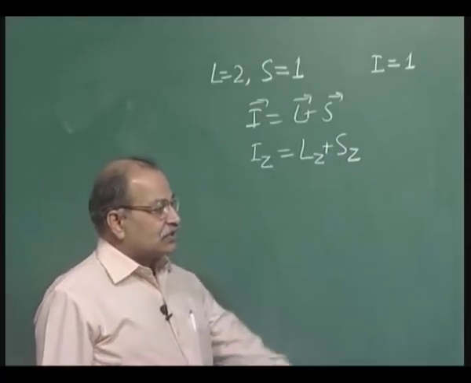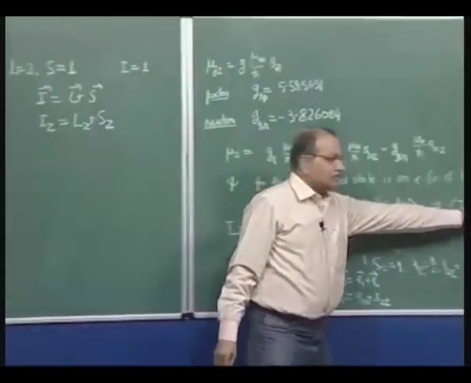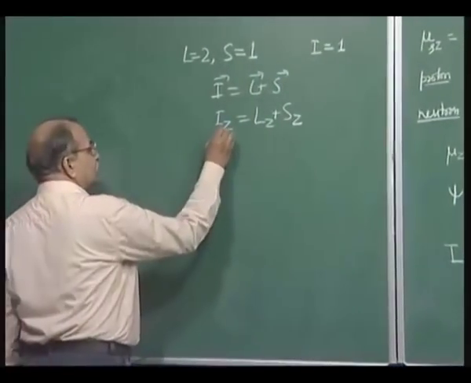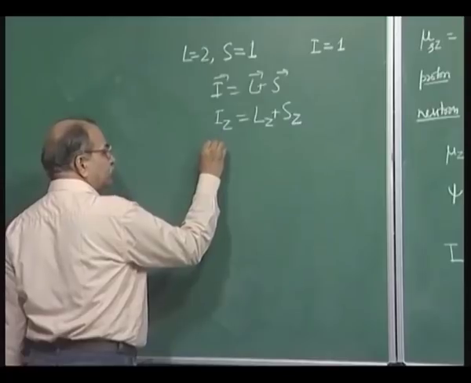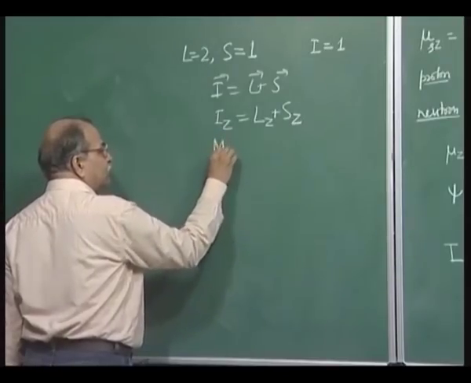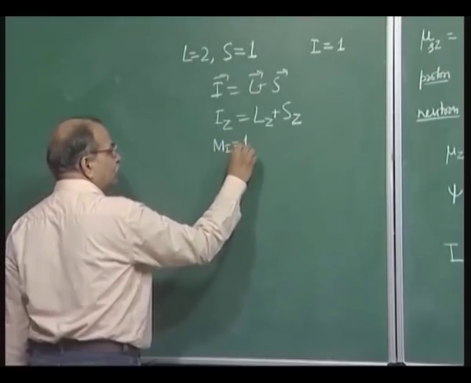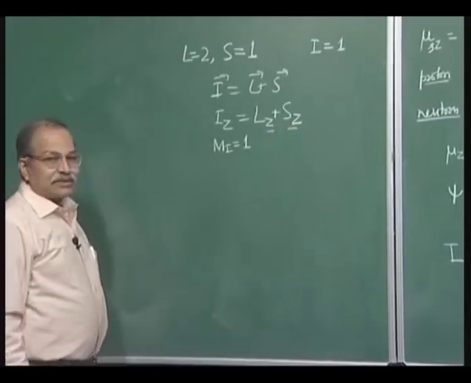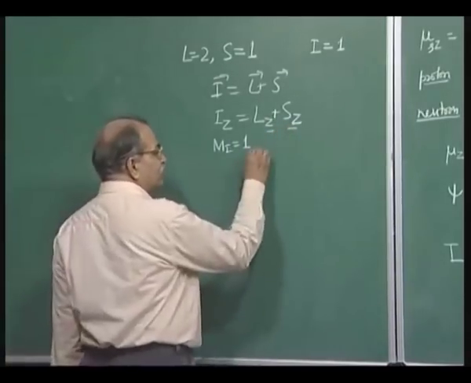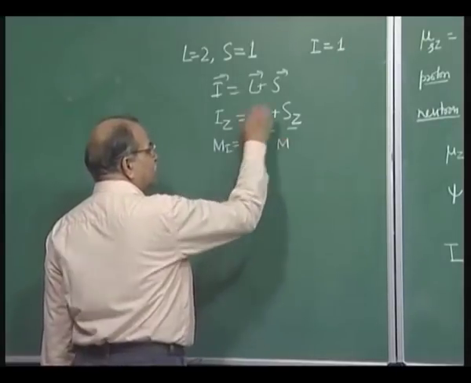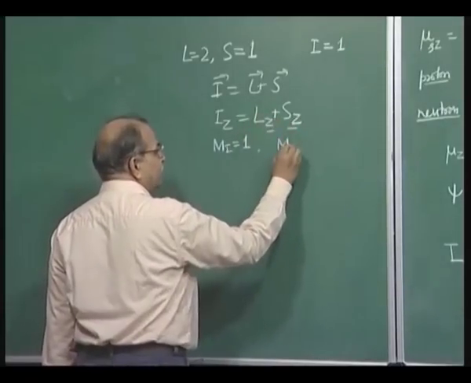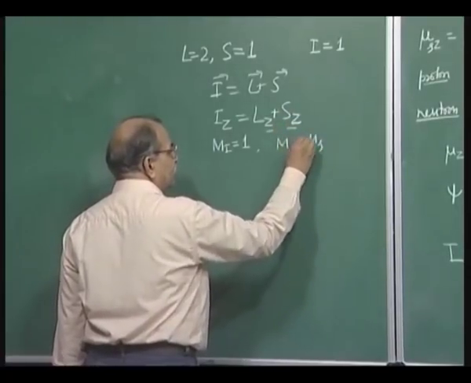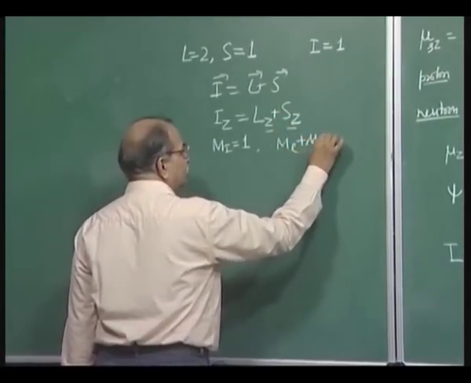What I need is M I equal to I, so the total I z, M I, I need equal to 1. You can write L z and S z in terms of M, otherwise h cross will come everywhere. So, this is M L and this is M S. M L plus M S should be 1.